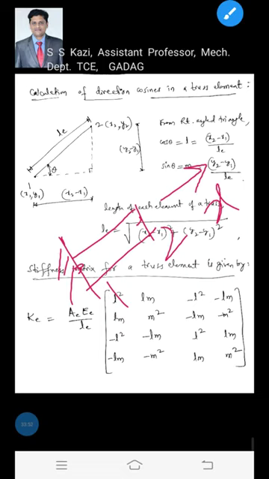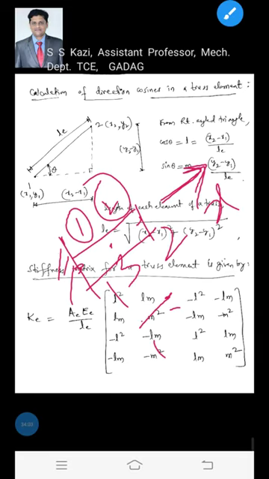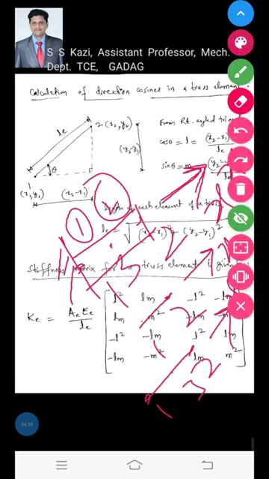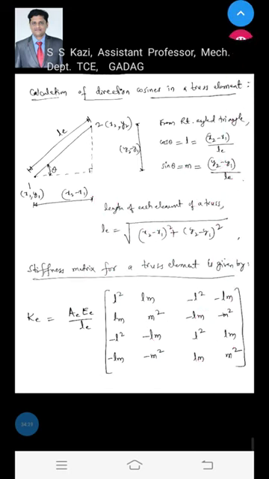If there are two elements, in local coordinates each element is going to displace only in x direction. If you consider globally also, the entire structure, each node is permitted to displace only in x direction. That is, the local coordinate is x and the global coordinate is also x. That is, local and global coordinates are the same in case of a bar.